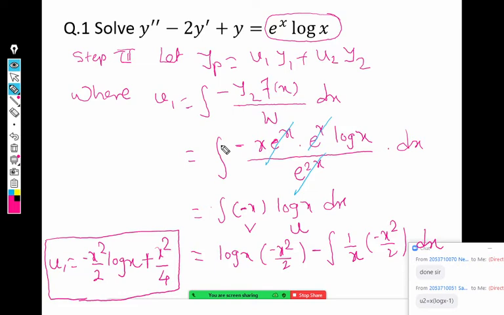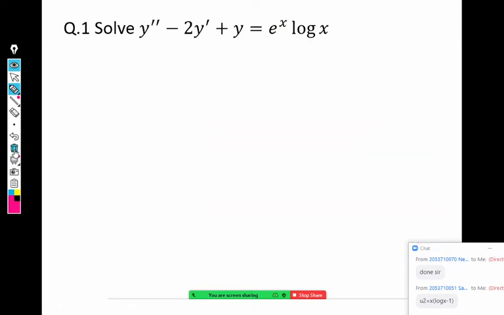Can we calculate u2 then? Done? Yes, sir. Okay, so now u2 equals integration y1 fx upon w dx. So that's the formula.